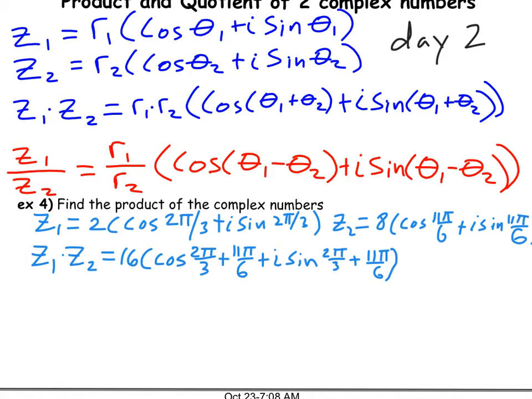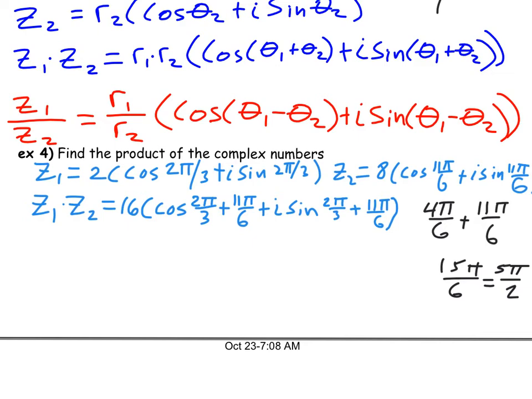Let's see here. Need a common denominator. 4 pi over 6 plus 11 pi over 6 is going to be 15 pi over 6. I'm just kind of doing this work off to the side. 5 pi over 2. Okay.